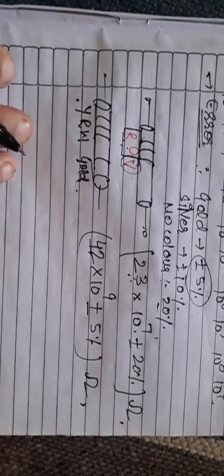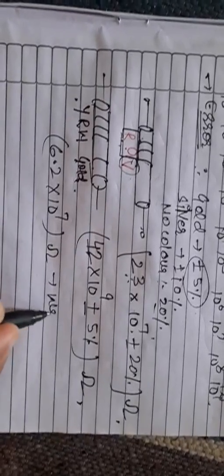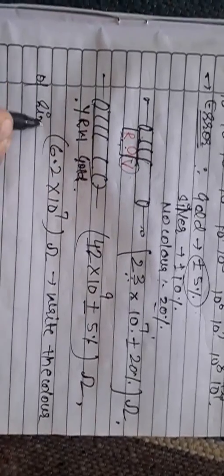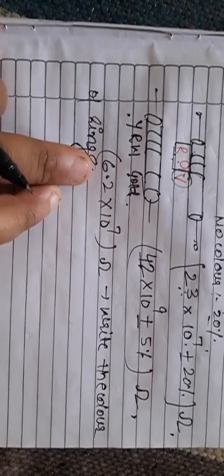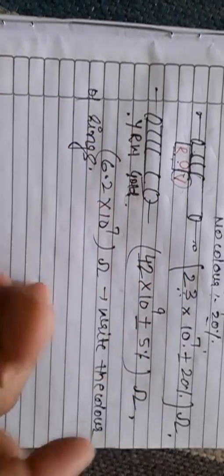Or sometimes CBSE asks this question: a number is given, for example 6.2 into 10 to the power 7 ohm. Write the colors of the rings. Now what is the problem in this question? It is given with a decimal point, but there is no point while you are calculating this. You check 23, 42, like this.